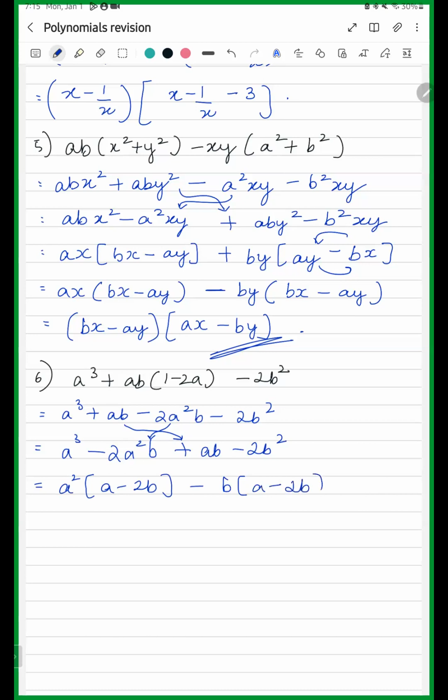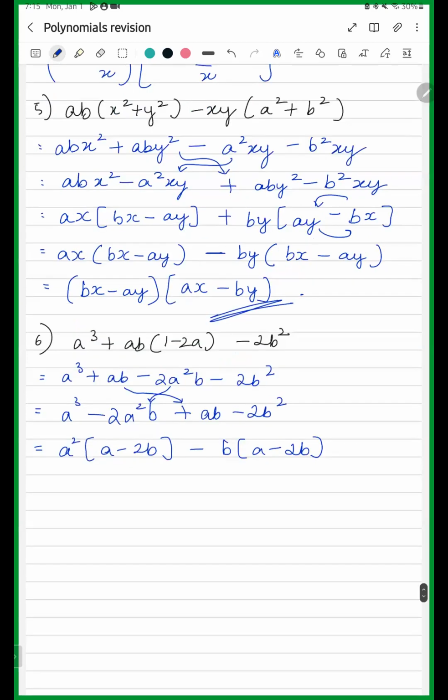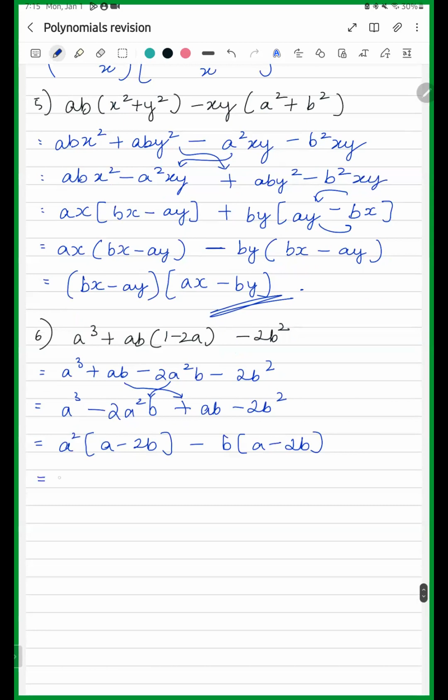So, okay, good, both our brackets are the same. So a minus 2b, we take it as common because it's the same bracket in both the places. Then we are left with a square plus b. So this is the answer.